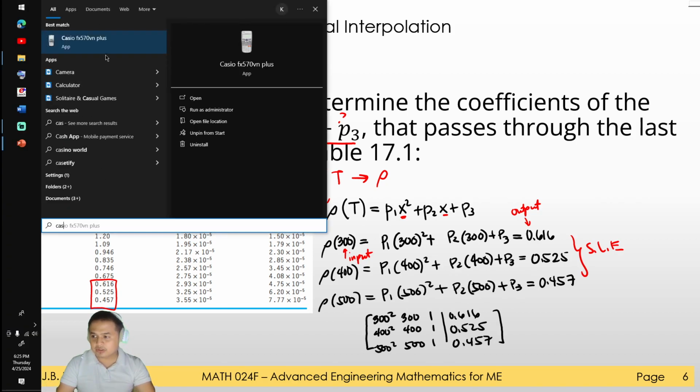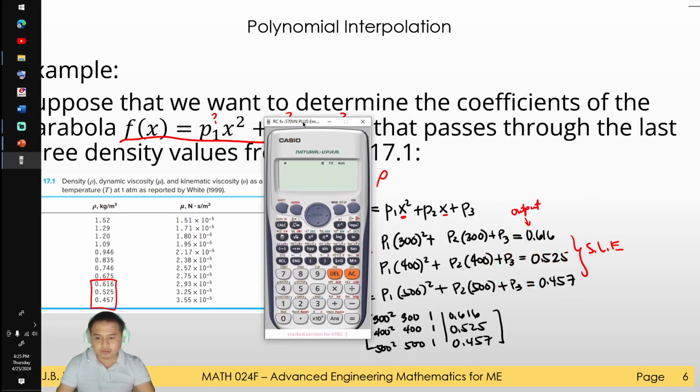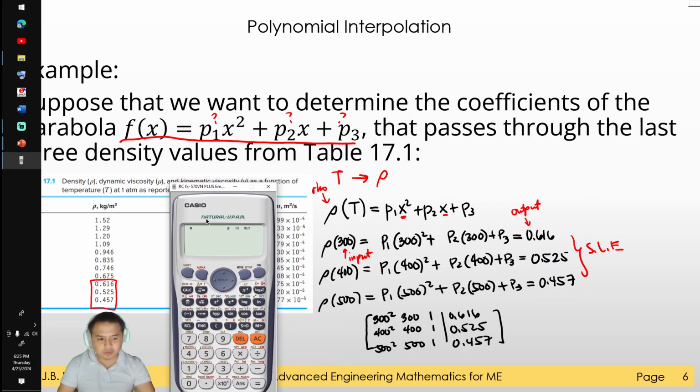Let's calculate this. So we have 300 squared, 300, 1, and then 0.616.